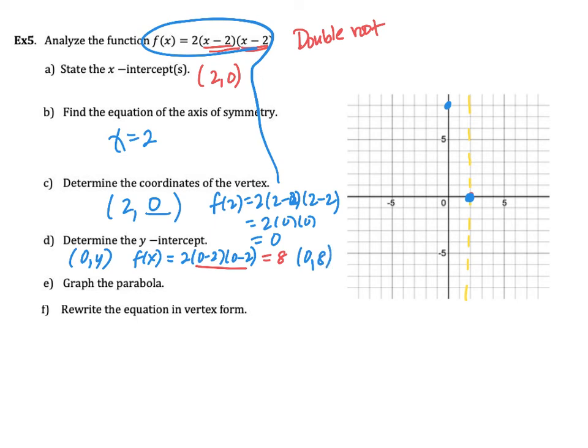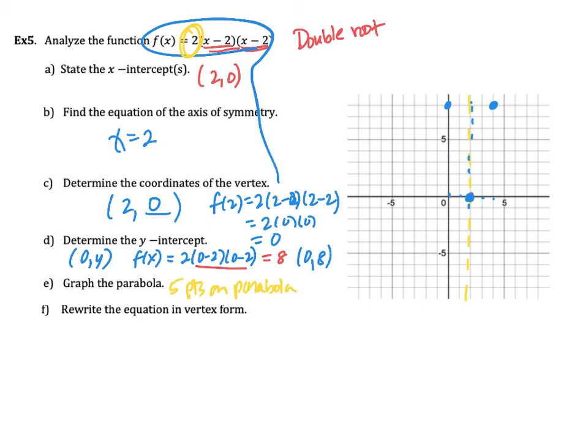If we have our axis of symmetry here at x equals 2, and we know parabolas are symmetric, then if it goes through 2 units to the left and up here to 8, we're going to go 2 units to the right and up here to 8, and that is another point on this parabola. Then you also might notice that you have a stretch factor because we need to have 5 points on the parabola.